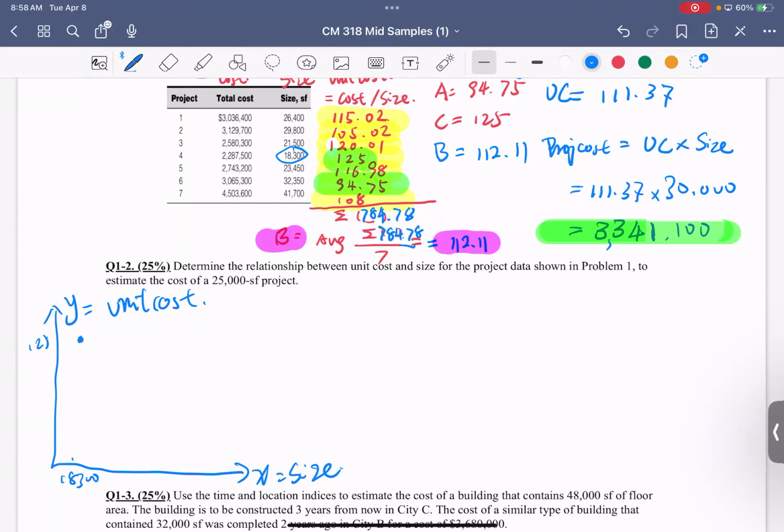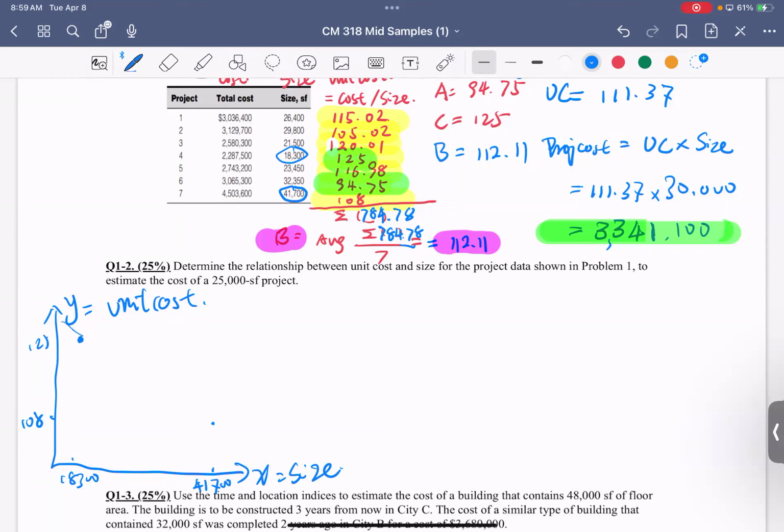And the largest size you have here is 41,300, and the corresponding unit cost is 108, something like that.